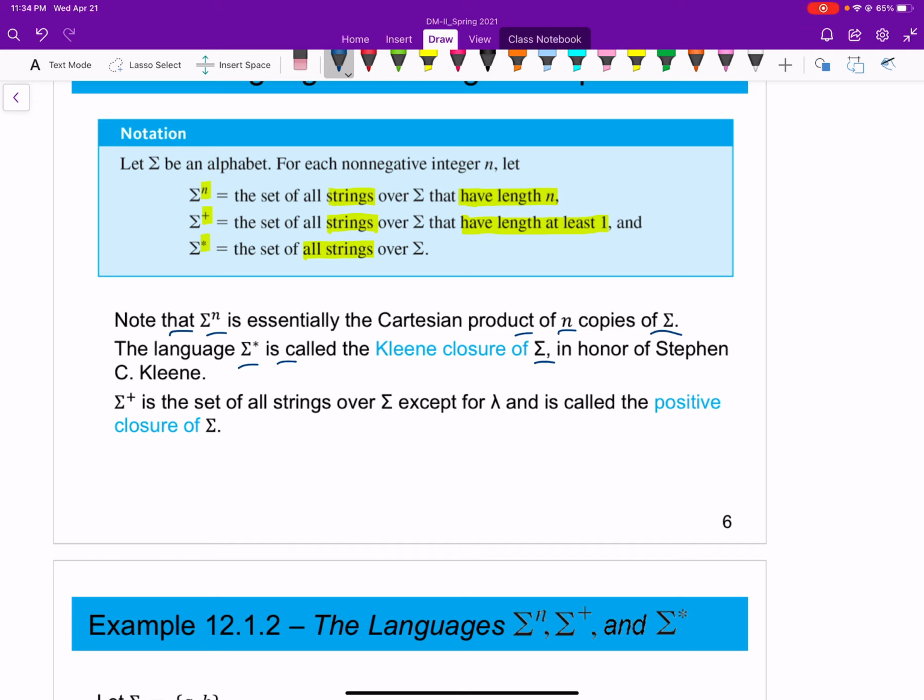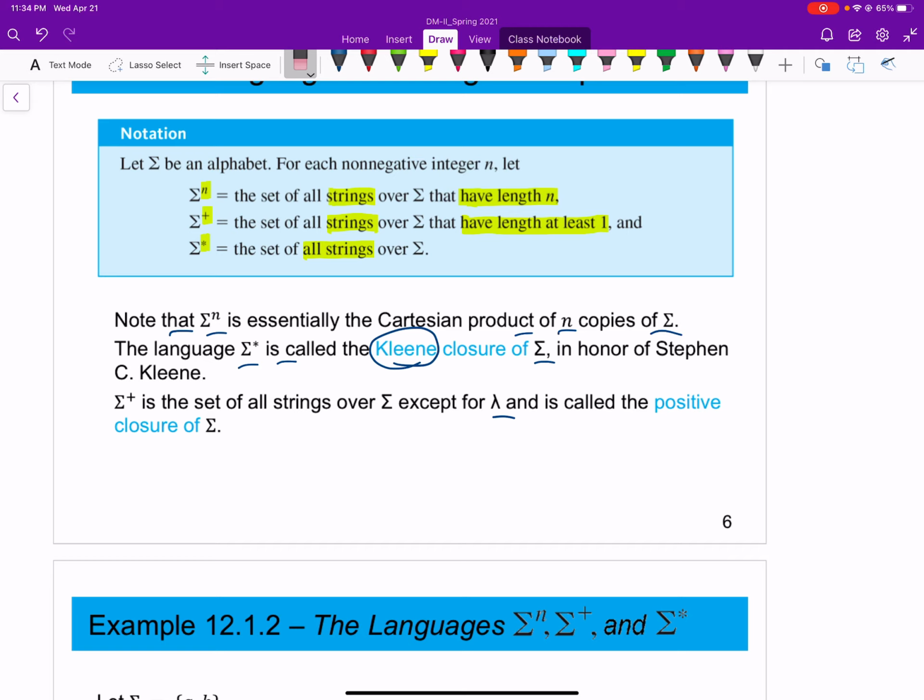That's the name. Don't worry about this. And then sigma plus is the set of all strings over sigma except for lambda, and is called the positive closure of sigma.